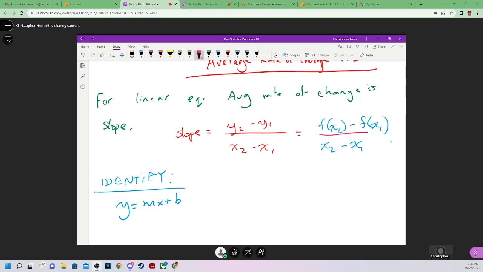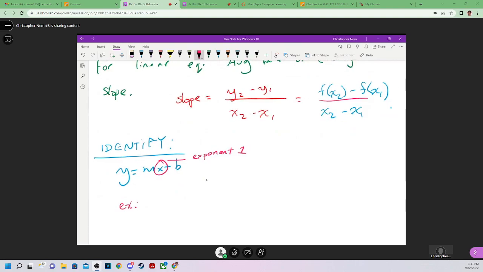So how do you know if it's a linear equation? Well, the key thing is, what is the exponent? The exponent of my x has to be 1. The degree has to be 1. So for example, if I have y equals 4x squared plus 2, not linear. That's a clear one.